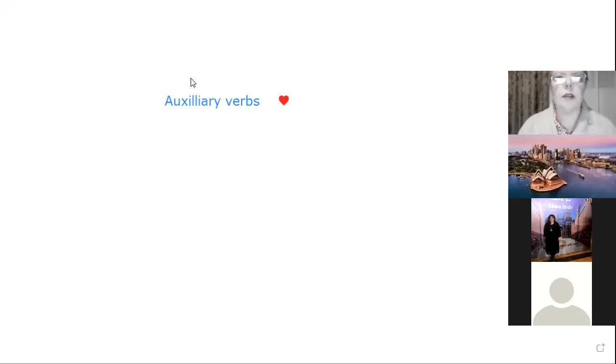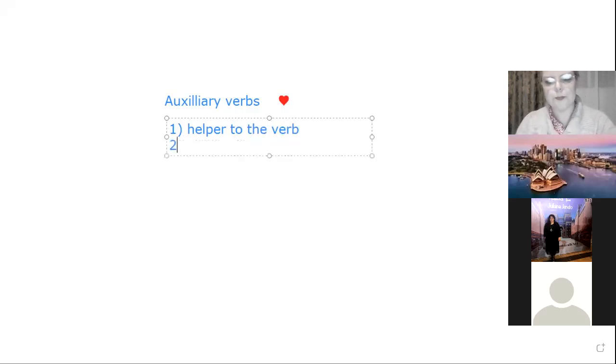Let me type for you guys. Okay, so first thing is an auxiliary verb is a helper to the verb. You understand that? Now the next one is always preceding. It's a very important thing.